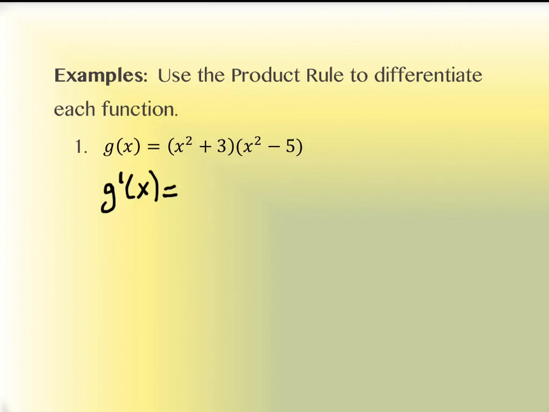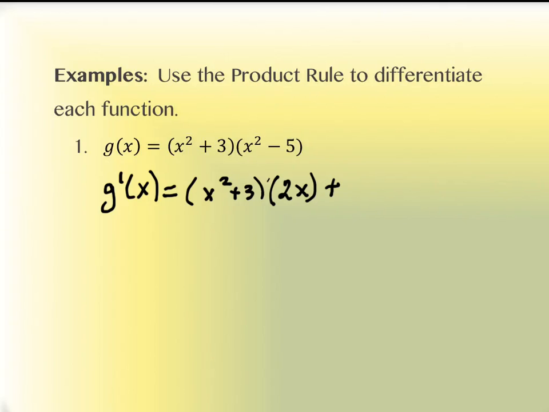So we're looking at the derivative. To do the derivative, the first thing I do is I just simply rewrite the first piece. Okay, so you can always start. The second thing I do is I take the second part of the function, x squared minus 5, and I take the derivative of that piece, which is 2x.